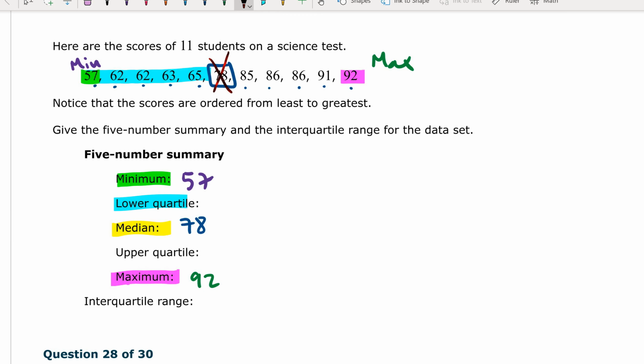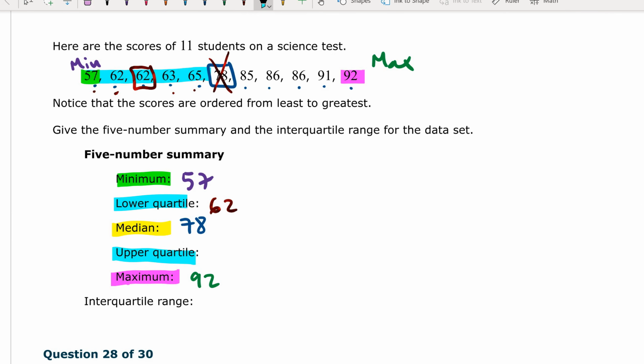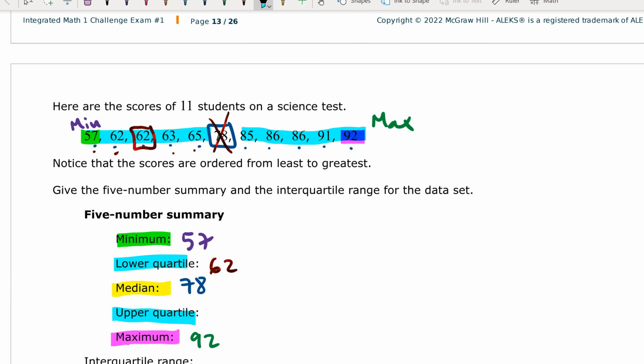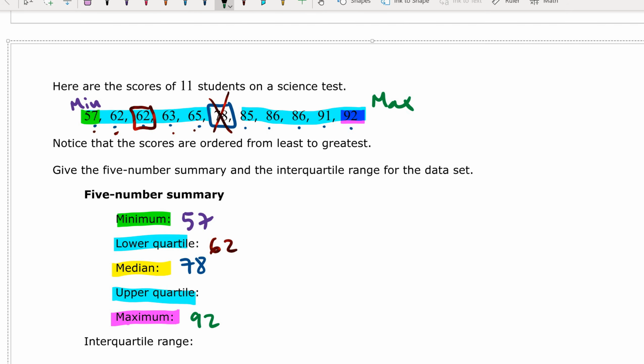The lower quartile median is 1, 2, 1, 2. The middle is 62. Same thing for the upper quartile. The upper set is 85, 86, 86, 91, and 92. So the middle of the upper set is 86.